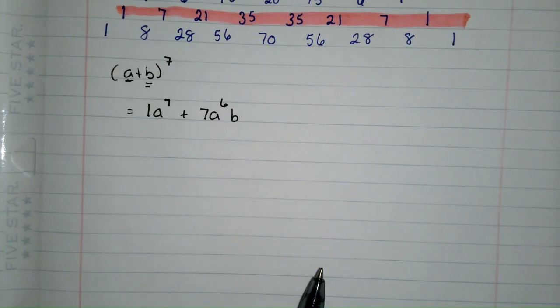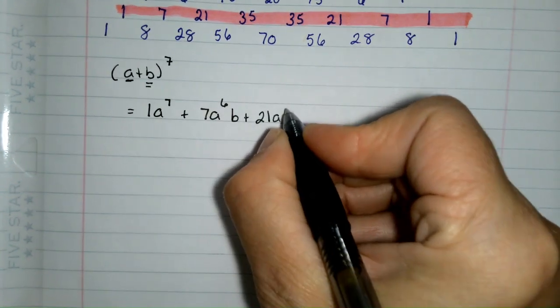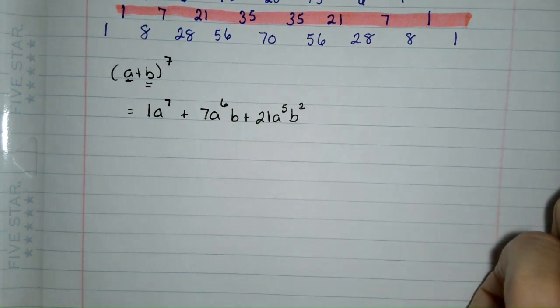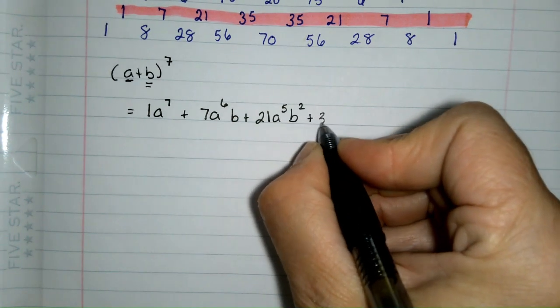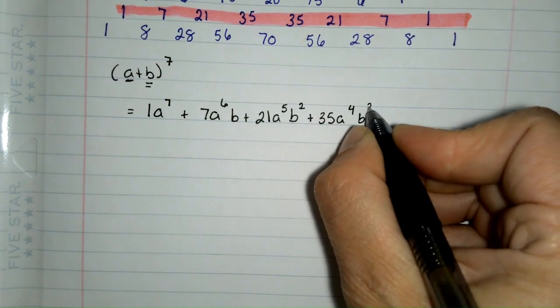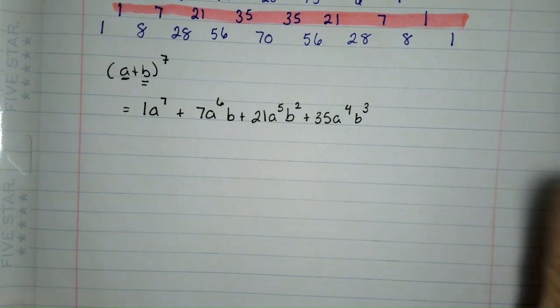So I did 1 and then I did 7, so my next number is going to be 21. My a power is going to drop, my b power is going to increase. Then plus 35, my a power is going to drop, my b power is going to increase. Again, they still add to 7.